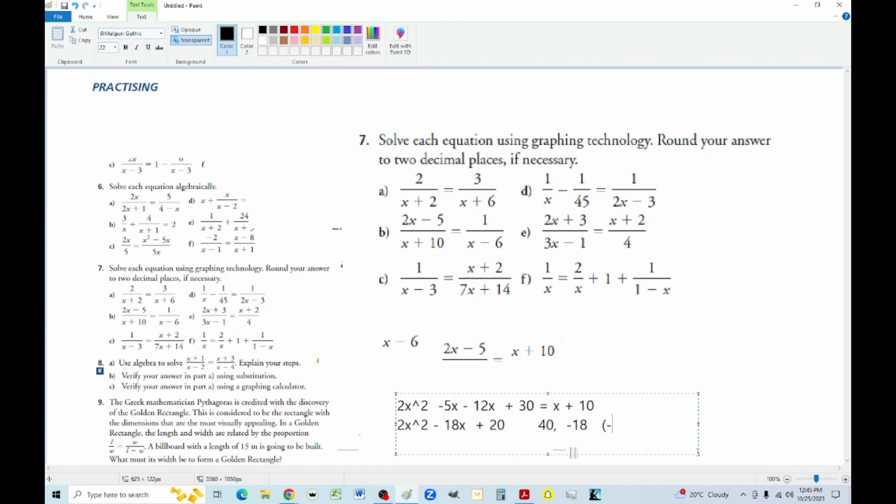So it's going to be like 4 and 10. That's a tough one, so I'm just going to put it in the quadratic. So 2 for A, minus 18 for B. And for C, I have plus 40, plus 20, so 20. And when I calculate, I get some decimals like this.